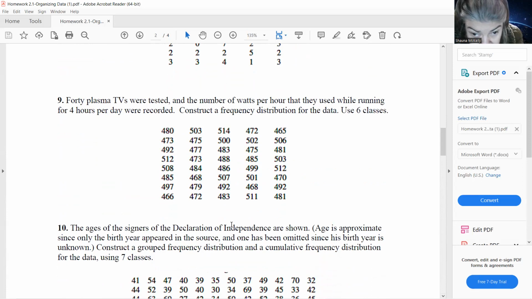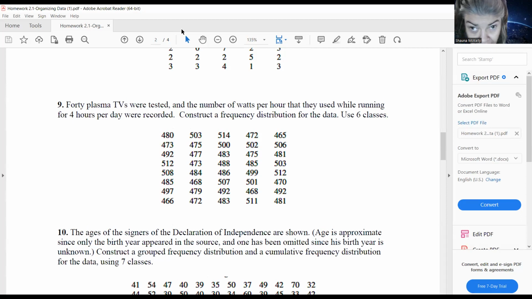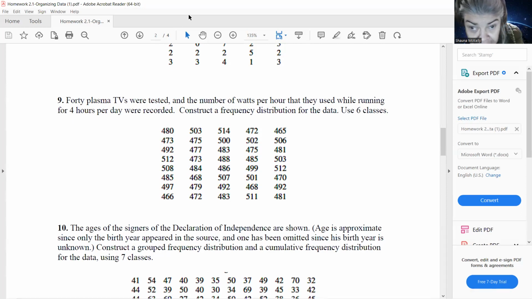So what we're going to do is put this in your calculator and sort it. As I said, I'm not going to show that procedure in this video. But once you do that, you'll get a result that's similar to this.